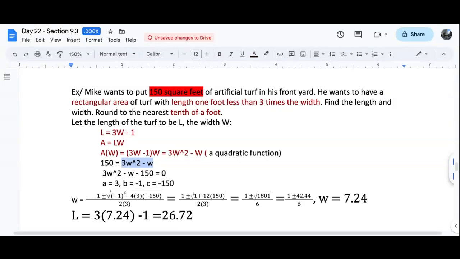Then we move 150 to the other side. When we move it to the other side, it becomes negative. So we get 3W squared minus W minus 150 equals 0. Right? We want to make one side 0.